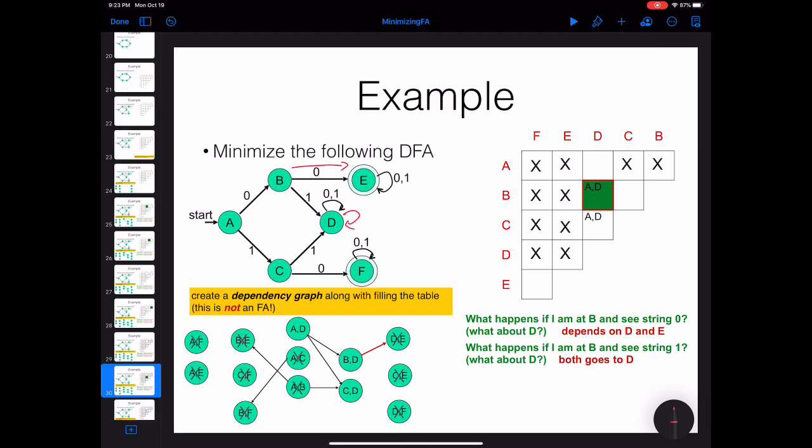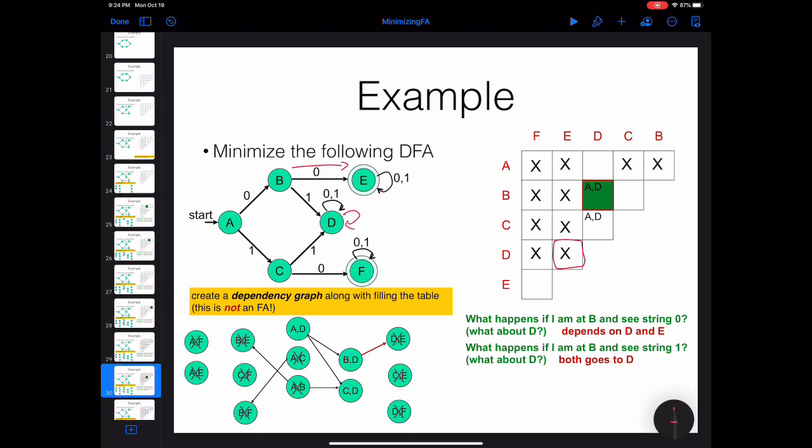So the equivalency of this pair B and D is going to depend on the equivalency of the other pair E and D. If you check the corresponding cell, you can already see that E and D are not going to be equivalent.